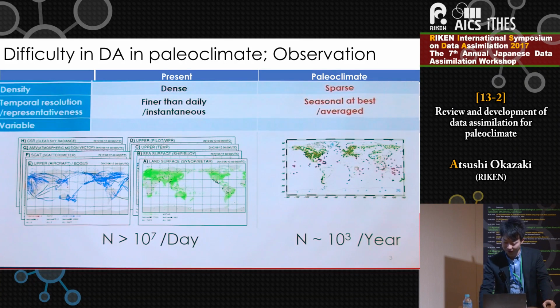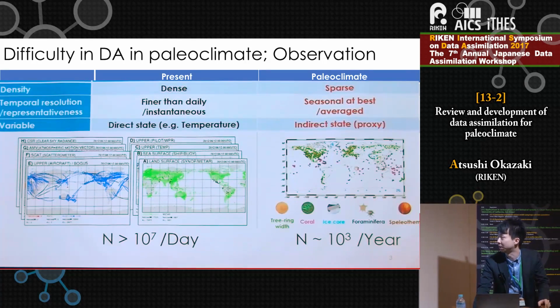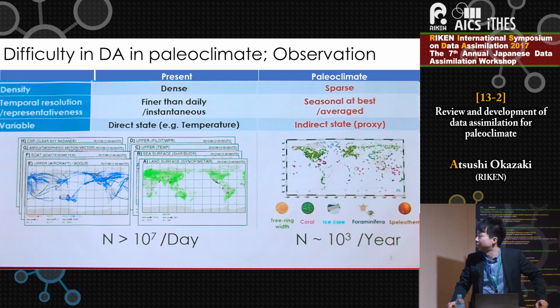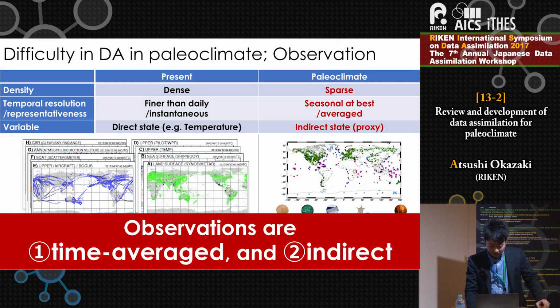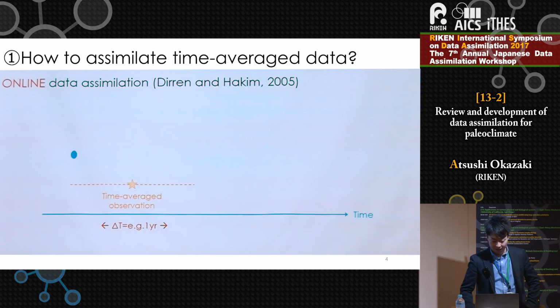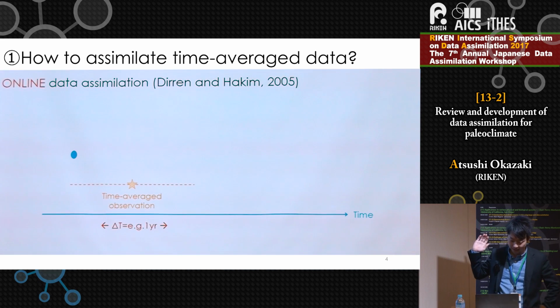Furthermore, the observed variable is not a direct state like temperature, precipitation, or relative humidity, but a proxy of them, like tree ring widths or isotope ratios in corals, ice cores, and so on. So in summary, the difficulty is that the observations are time-averaged and indirect. That's the problem.